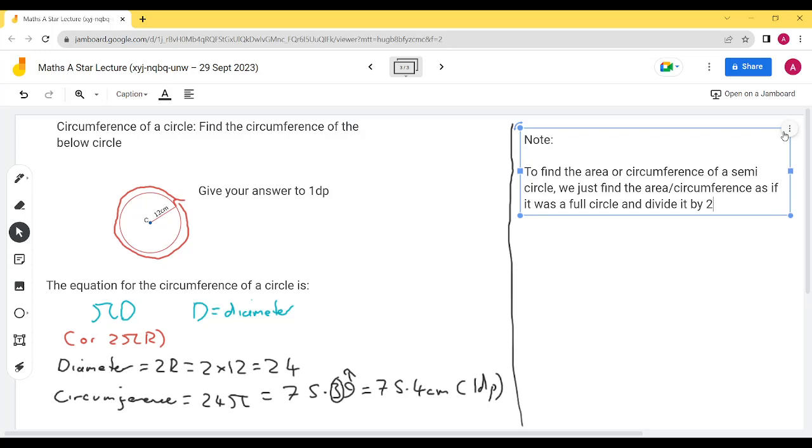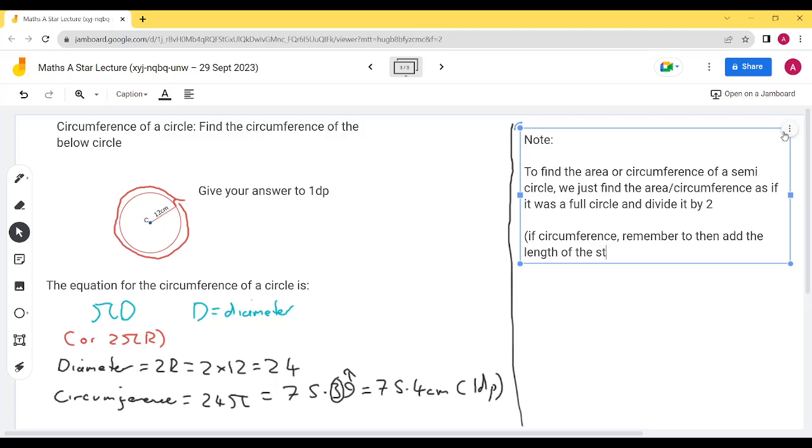The only thing I should mention now is if it was a semicircle for circumference, remember to then add the length of the straight edge. So say if you've got a semicircle and you need to work out the perimeter, it'd probably say perimeter in that case, but perimeter, circumference, same thing.